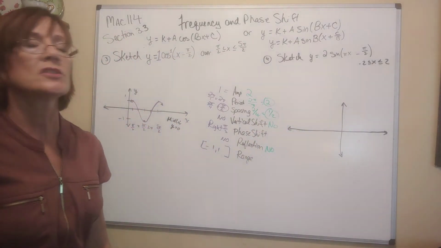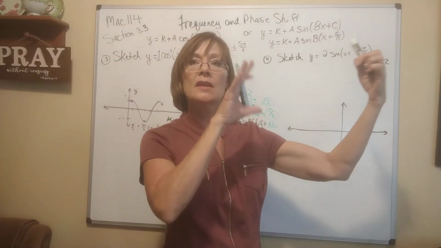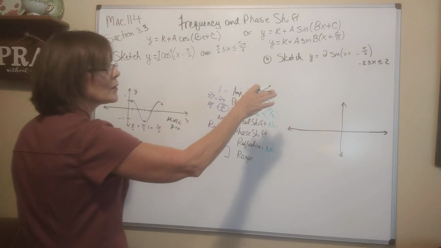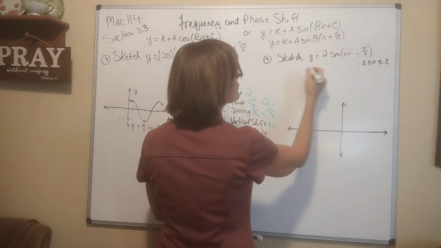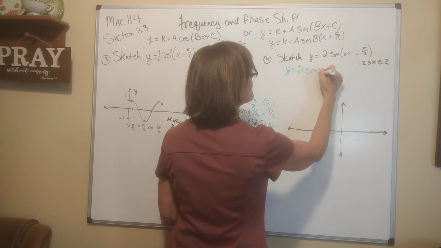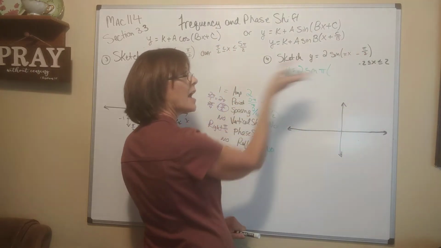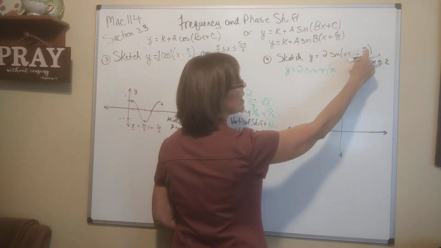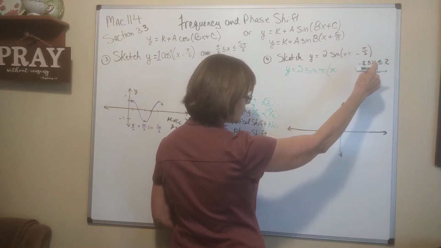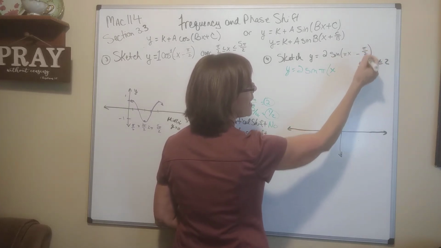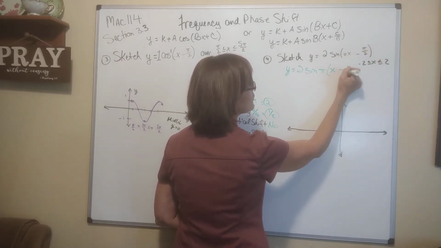Now, does it have a phase shift? Yeah. Do you see this stuff in there messing with it? Phase shift, horizontal shift. Before I can spot what it is, I need to factor out that pi. So here's a little bit of work I have to do. When I factor that out, it's like dividing it out. I get x. If I divide pi over 2 by pi, I just am going to be left with 1/2, so x minus 1/2.